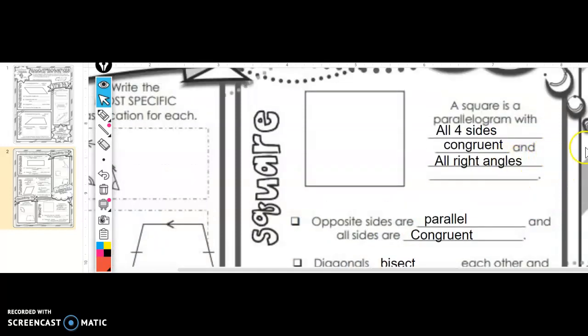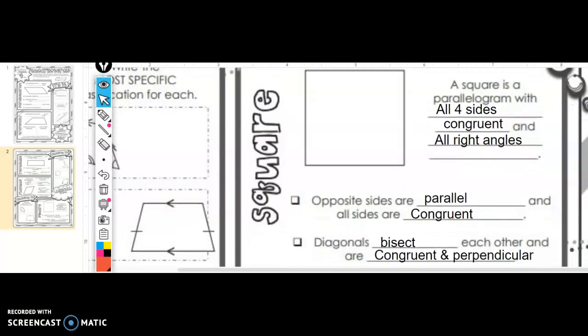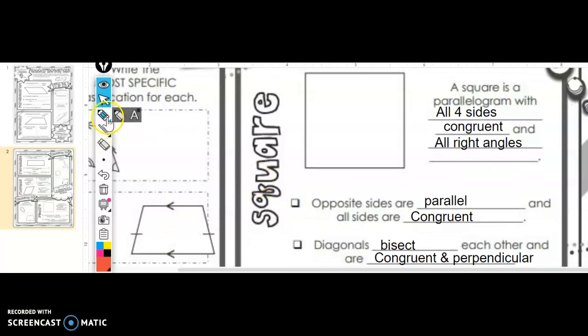Okay, so if I mark my diagram, it is a parallelogram. So those markings go. These two are parallel, top and bottom. Left and right are parallel. Then we have congruency. All four sides are the same length, so they get the same congruency mark.